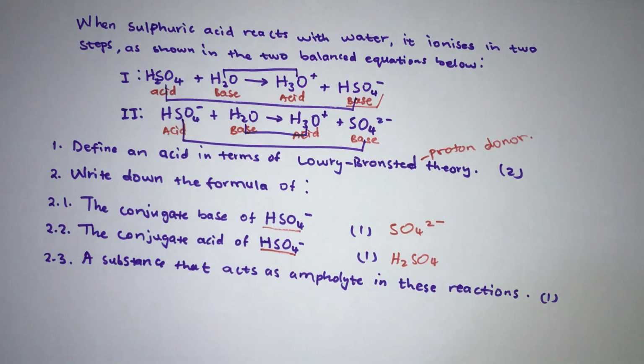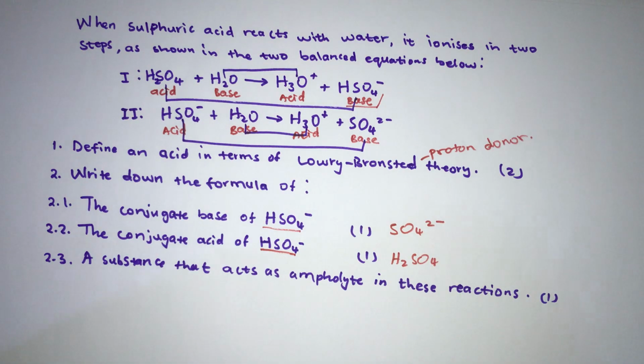The last question, write down the formula of the substance that acts as an ampholyte in these reactions. So we are checking for those two reactions. There is only one substance that is acting as an ampholyte. It is a base that side. This side it is an acid.